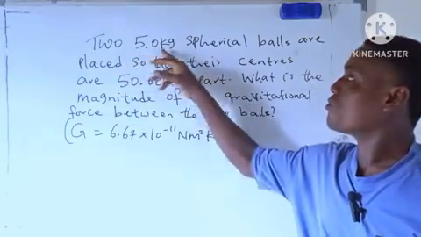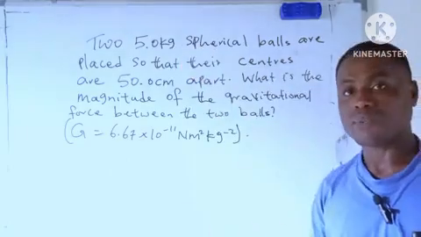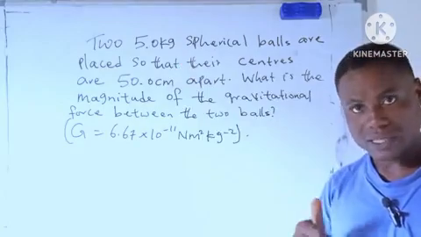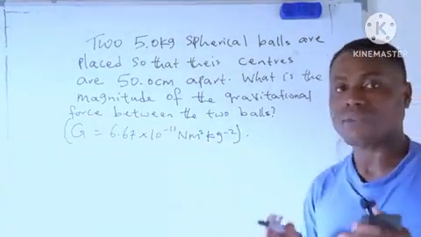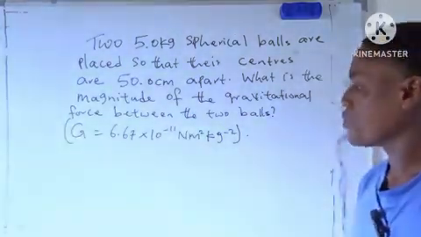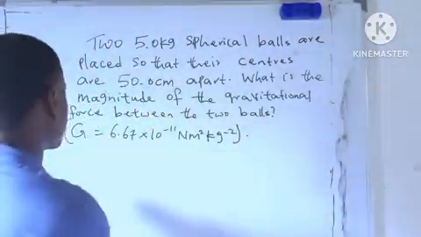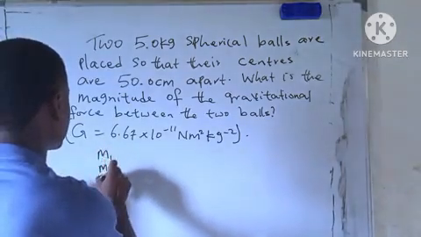They said two 5.0 kg. Kg means kilogram, and kilogram is a unit of mass. Now, let's first of all write out the given values. They said 5 kg, meaning that we have M1 and M2.